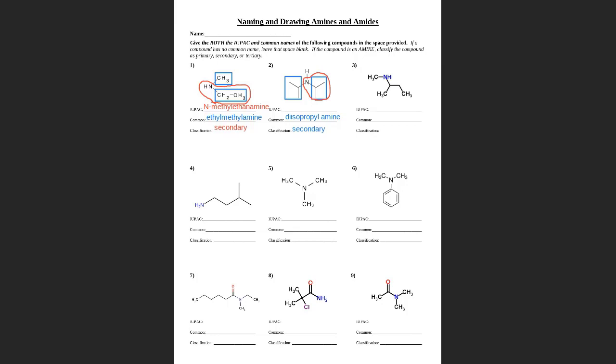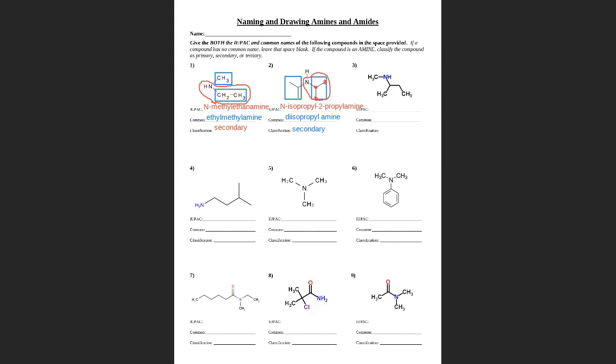But the other one, I have a chain. It's going to be a 3-carbon chain. And since the nitrogen is attached to carbon number 2, I would call this N-isopropyl-2-propylamine.